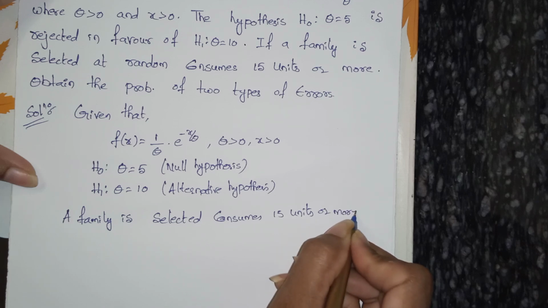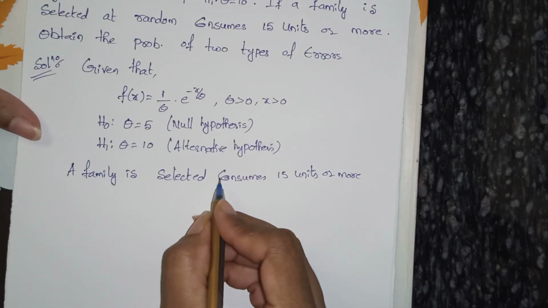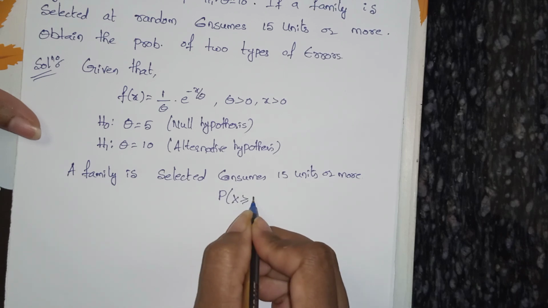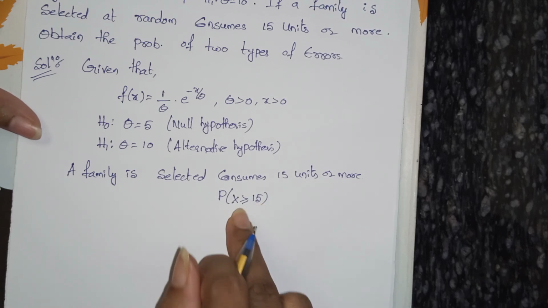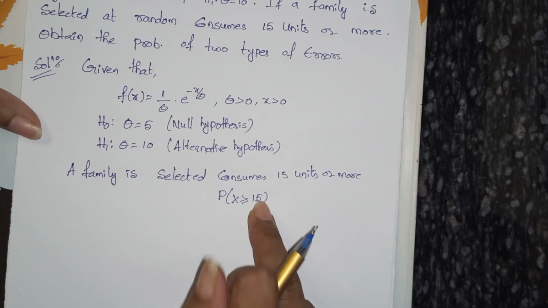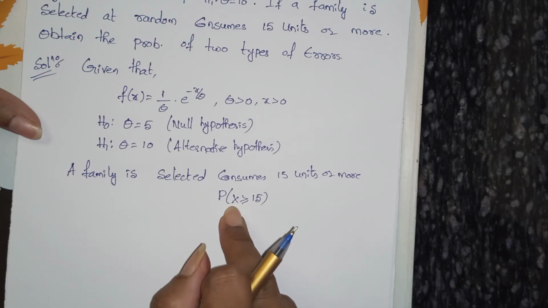That means we have to find this by taking theta values 5 and 10. So how can we write this? P of x greater than or equal to 15. Why? Because they said 15 units or more, so 15 and more means greater than or equal to.